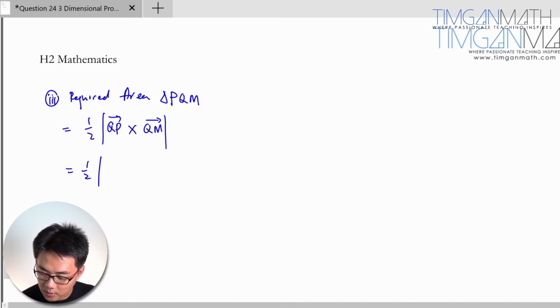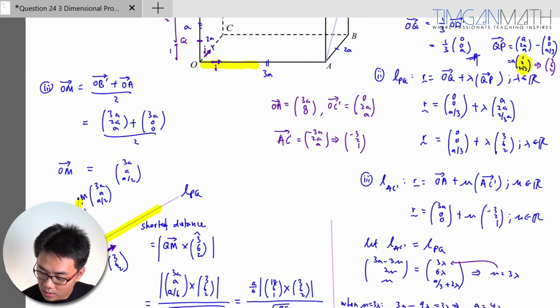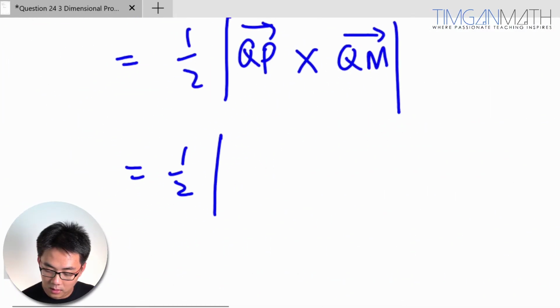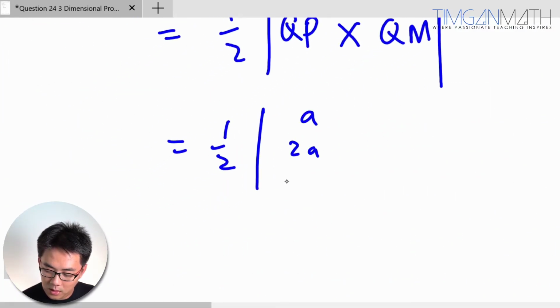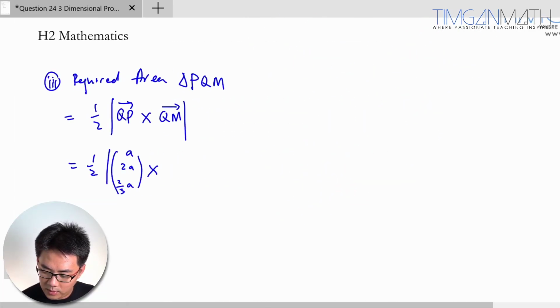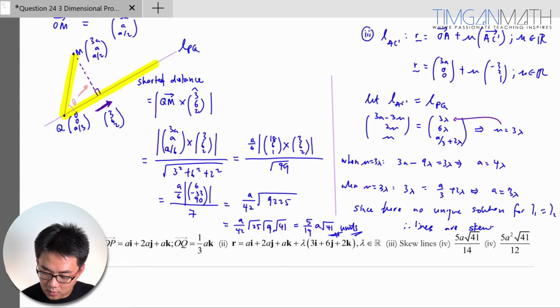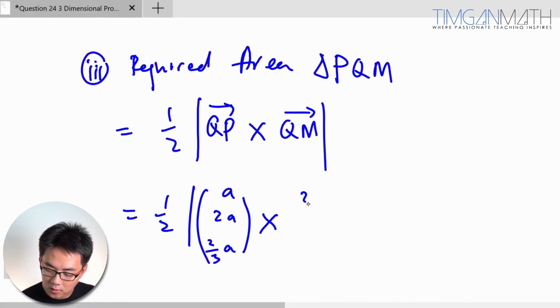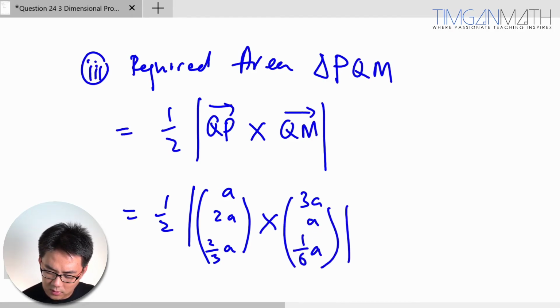Then this QP will be A, 2A, 3A, cross with QM, which is 3A over 6. Let's hope that I got it correct.